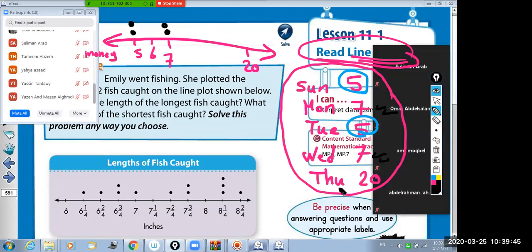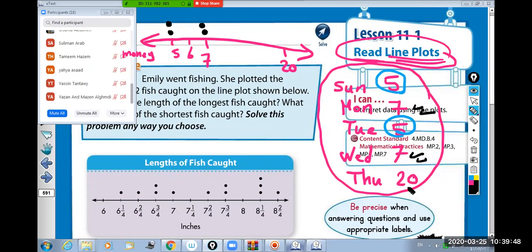But on Thursday, your dad gave you $20. So the 20 is repeated 1 time, so I'll give it 1 dot, 1 time only. So this is how to graph the data into a line plot. Sunday and Tuesday, so 2 days are 5, so we put 2 dots.